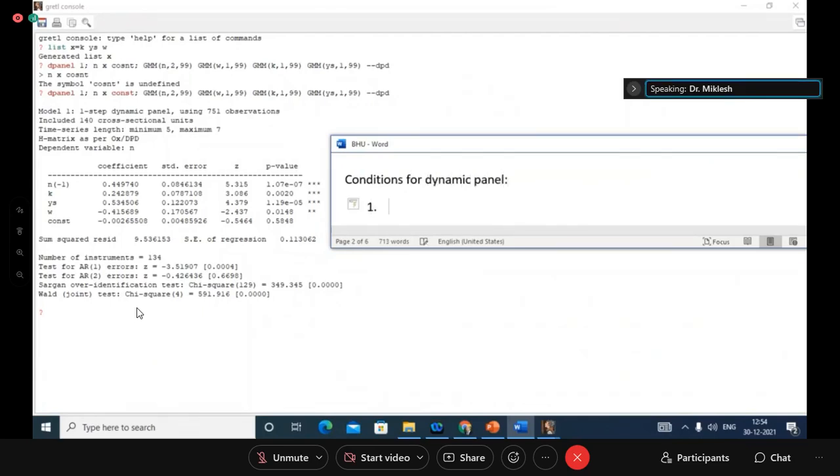Condition first. The lag of the DV, or you can say the coefficient of the lag of the DV, has to be positive, or simply it has to be less than 1 and significant.